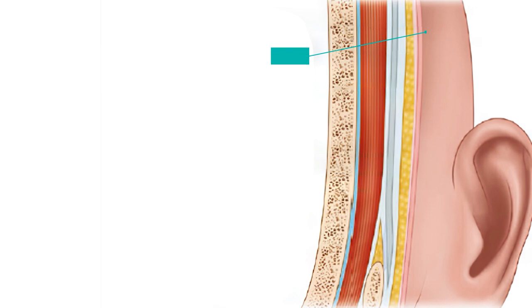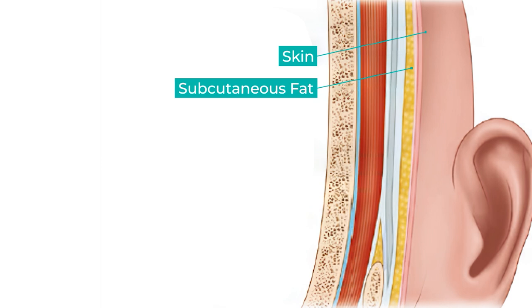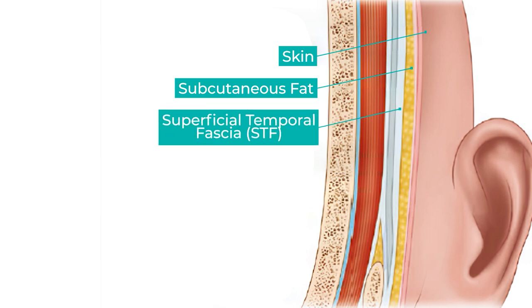The main layers which are used in pinch anatomy include skin, which is the outermost layer providing protection and support. Then we have subcutaneous fat, which lies beneath the skin. This fat layer contributes to the volume and contour of the temple. Next layer is superficial temporal fascia. This fascia covers the superficial temporal artery and helps define the shape of the temple.